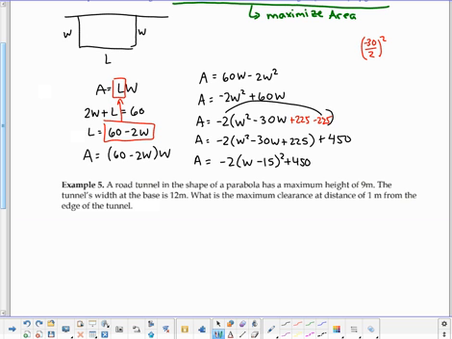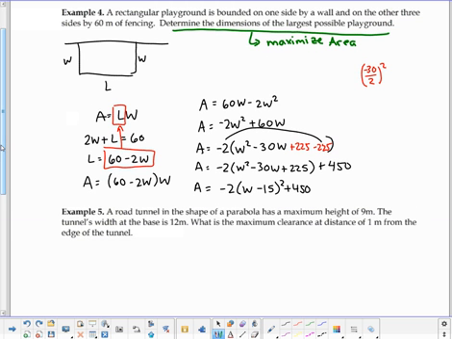All right, so what were they asking for us to find? The dimensions. Are the dimensions 15 by 450? No. What did the 450 represent? Yeah, the what? Maximum area. The maximum area is 450 because we're comparing width with area. So if our width is 15, what's my length?